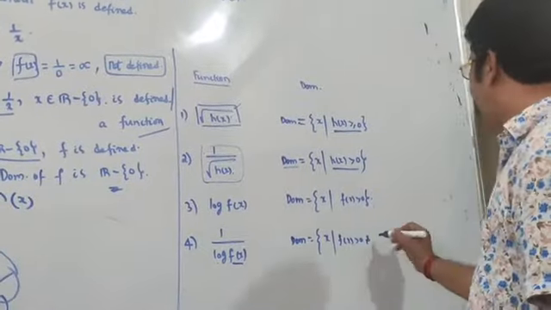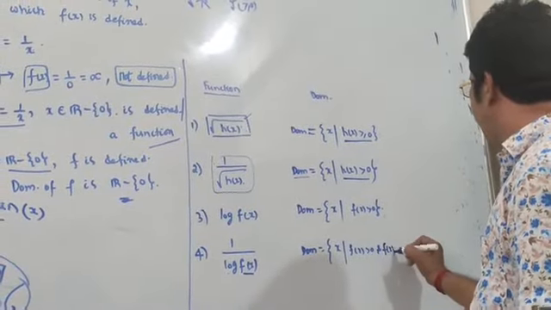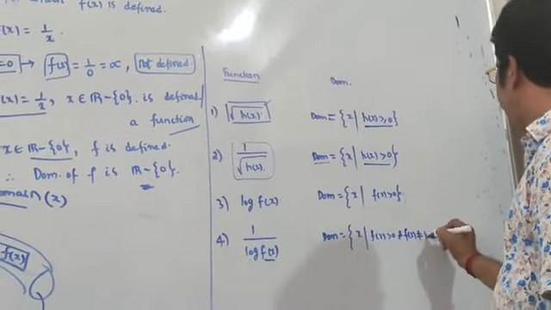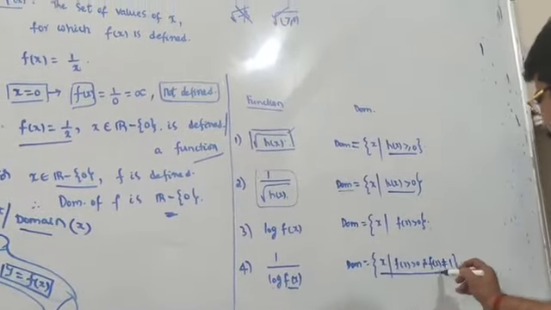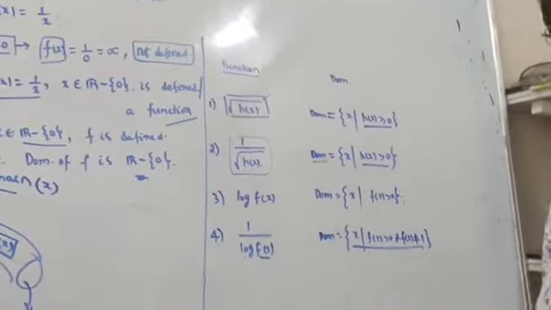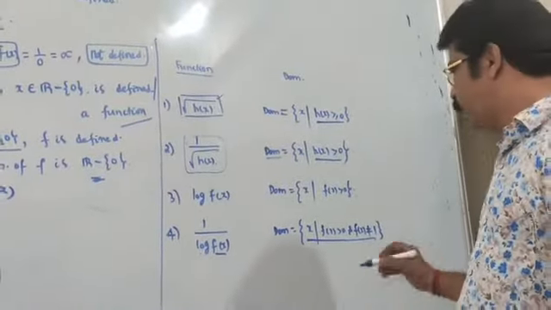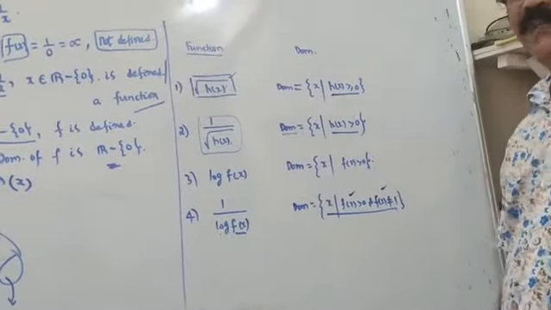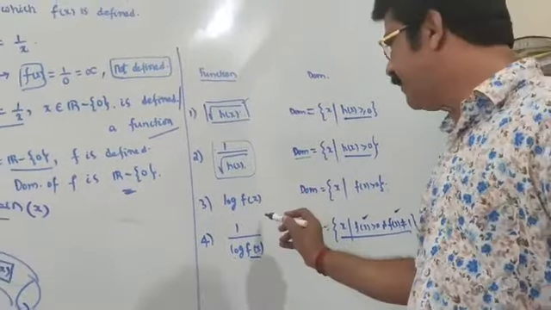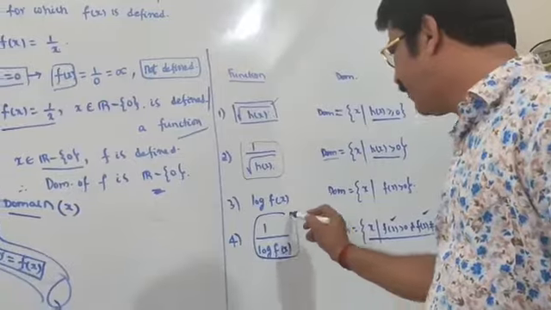Therefore, another condition is added: f of x not equal to 1. So the values of x for which these two conditions are satisfied are the domain of the given function.